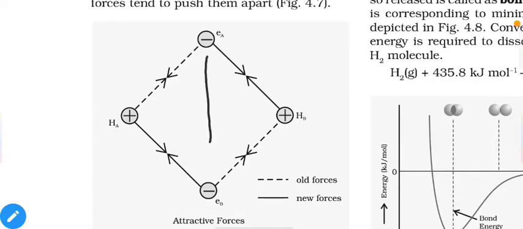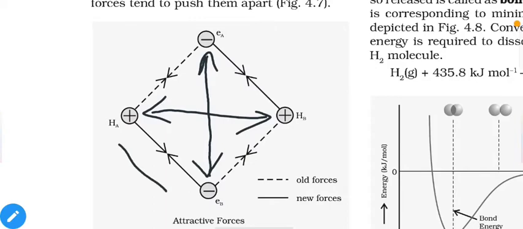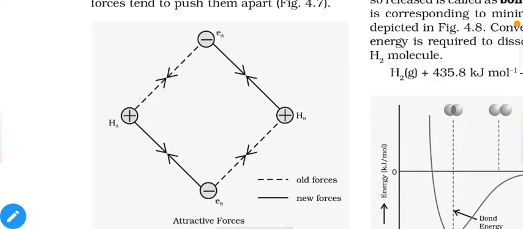These two will feel repulsion, that means EA and EB, and these two will feel repulsion as well, HA and HB. So they will move away from each other, but at the same time these two feel attraction, that means they will try to come close to each other, and similarly these two also feel attraction. So again they will try to approach each other.